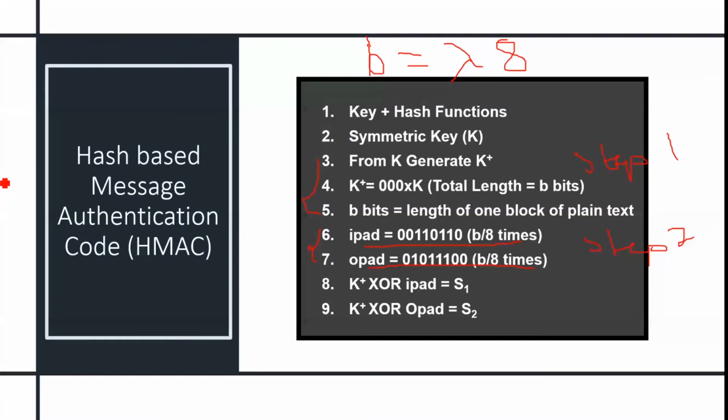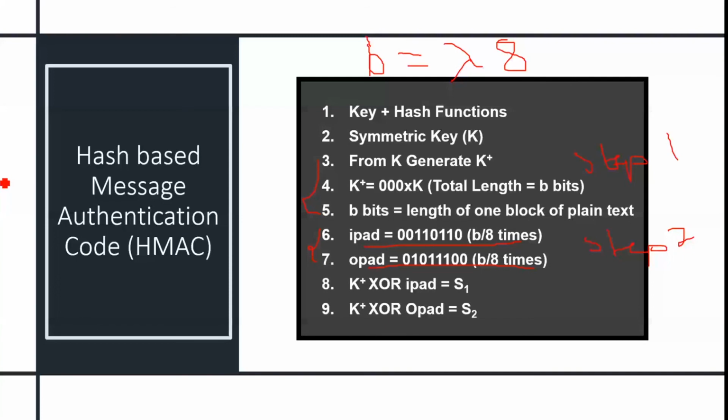Fine. So I divided my message into small blocks of 128 bits each. So my value of B becomes 128.